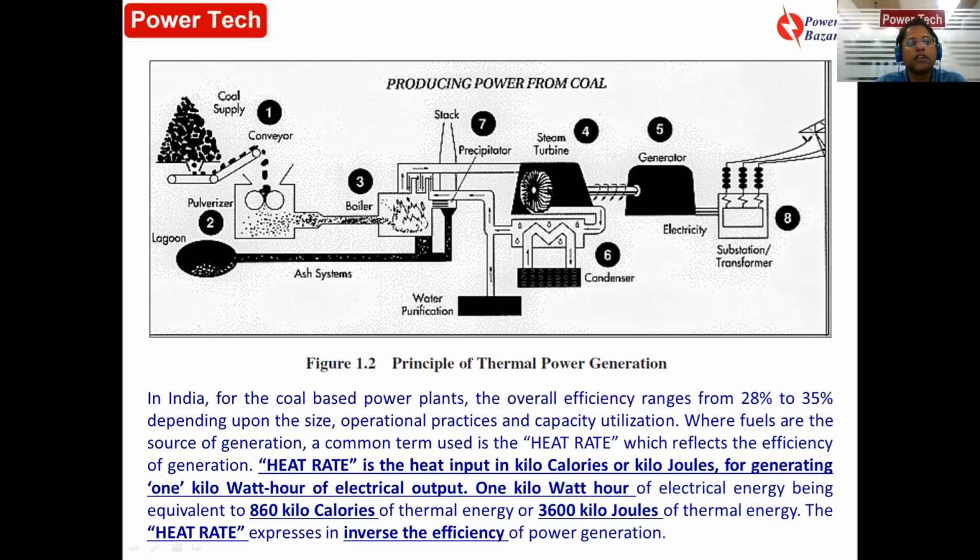It rotates the steam turbine because this high pressure and high temperature steam expands in the turbine. Once it rotates the turbine, it also rotates the generator. Both generator and turbine are coupled together. So due to turbine rotation, the generator also rotates, due to which electricity is produced.